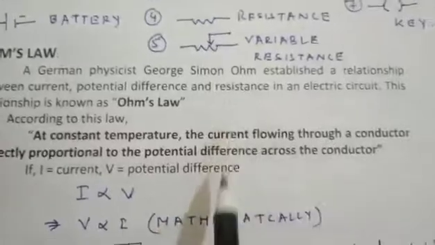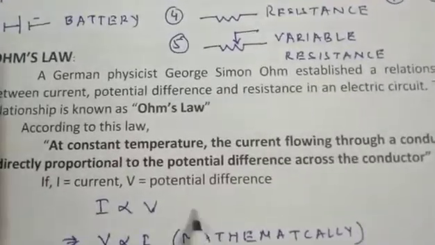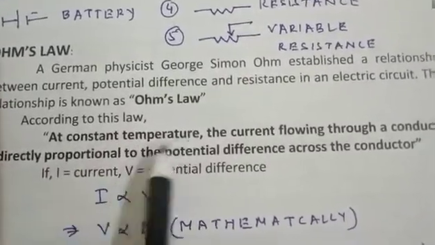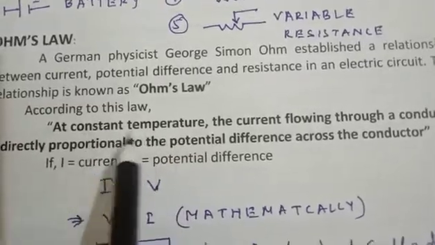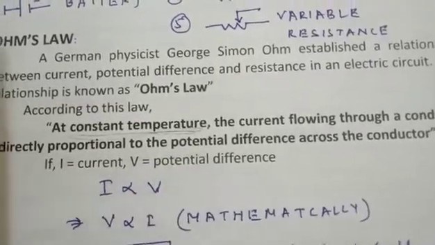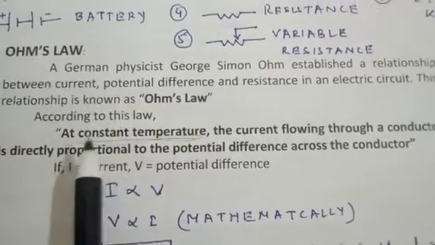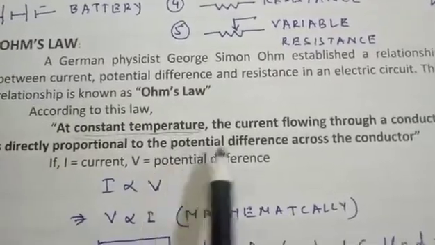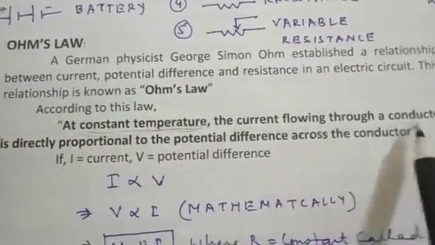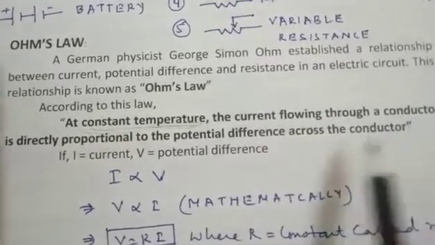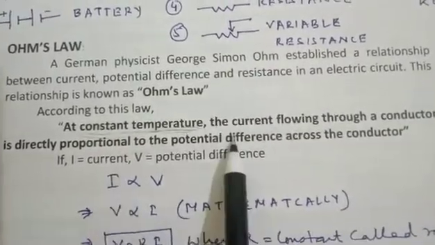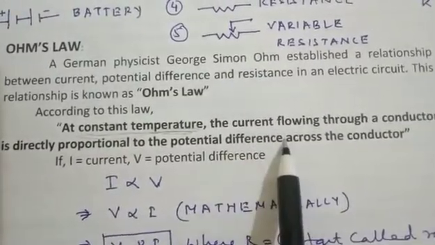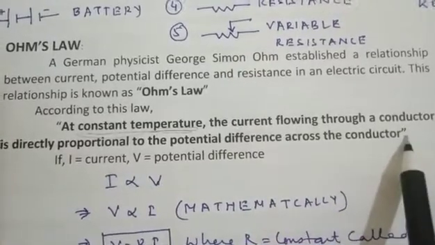Now he gave us Ohm's law, and the statement is as follows: at constant temperature. This is the most important technical phrase you have to remember. At constant temperature, the current flowing through a conductor is directly proportional to the potential difference across the conductor.